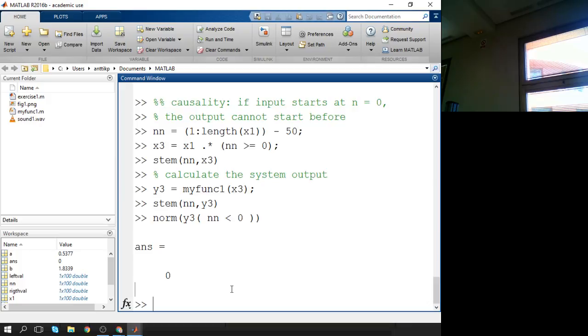So basically, if a system is time shift invariant, it means that it doesn't make any difference if we delay the input signal or delay the output signal of the system. It's still the same.